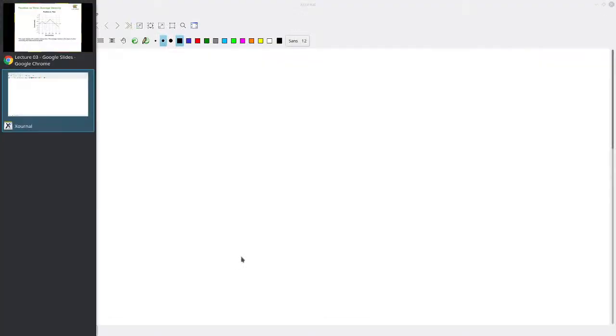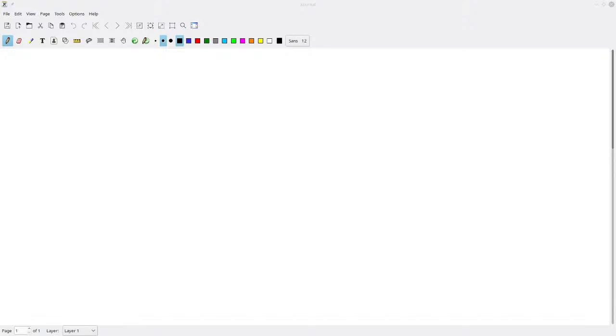Well, let me just make sure I got my notes on the right page here. So if we want to do that as a formula, the average, sorry, give me a second.